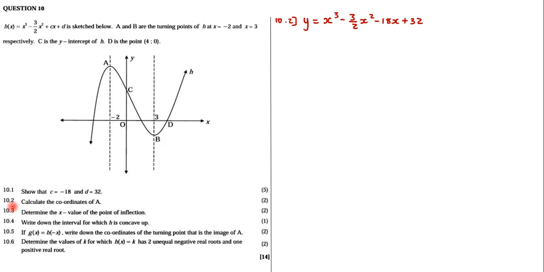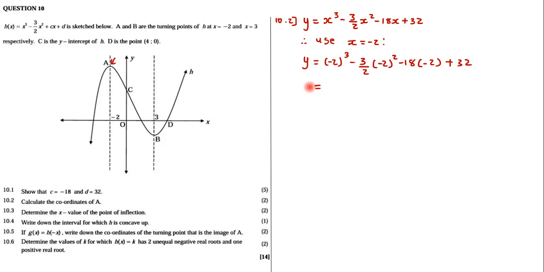Okay, so now the second question says we need to calculate the coordinates of A. You can see there, that is the turning point. We know that it has x equals minus 2. So we're going to use the x value, minus 2, and substitute it into the original equation. That's where you work your coordinates, and that's what we did also when we were finding the value for d.